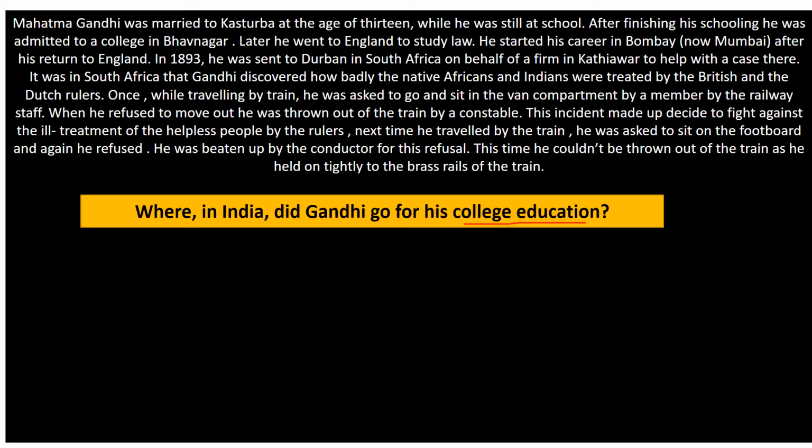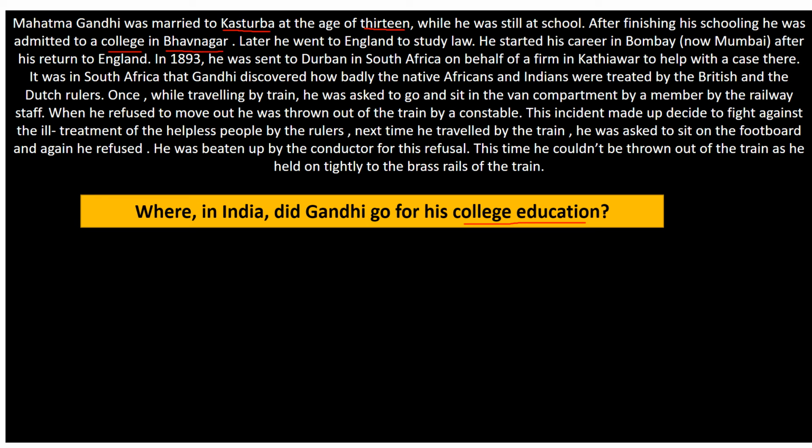So let's start reading. Mahatma Gandhi, that's a name, was married to Kasturba, its a new name, at the age of 13. 13 I'll mark because it's a number, while he was still at school. After finishing his schooling, he was admitted to a college in Bhavnagar.